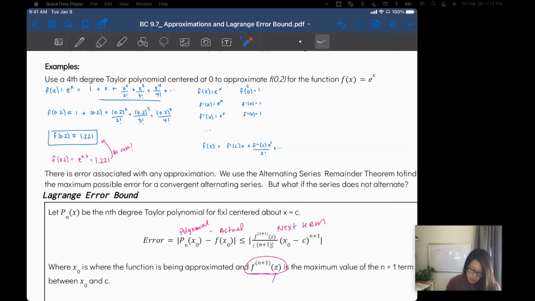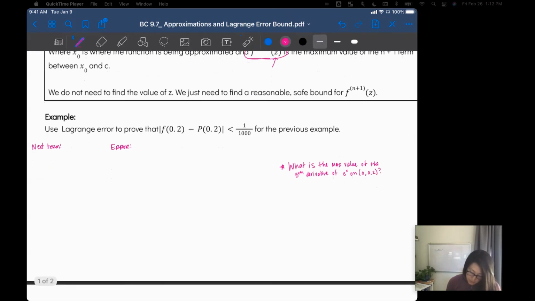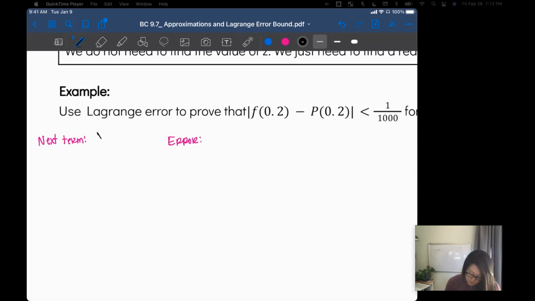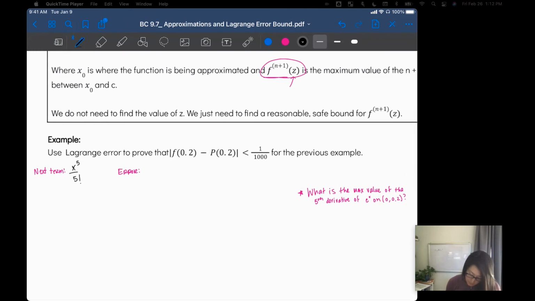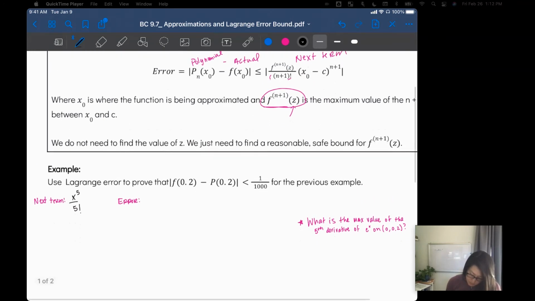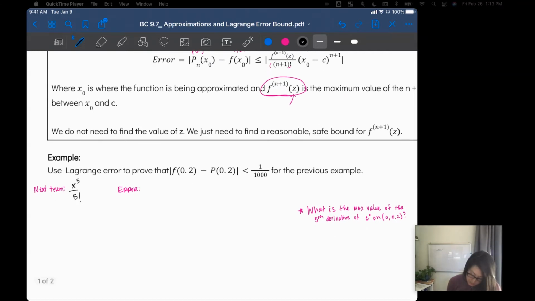So our next term would be x to the 5th over 5 factorial. Okay, and then from my Lagrange error, we know that the error is less than or equal to f of n plus 1 of z over n plus 1 factorial times x minus c to the n plus 1.